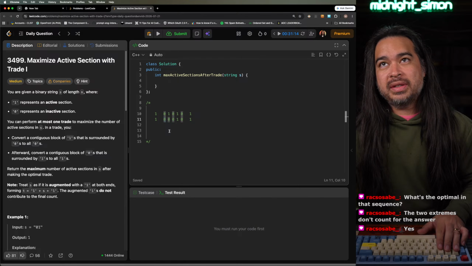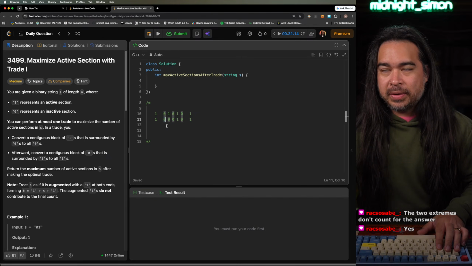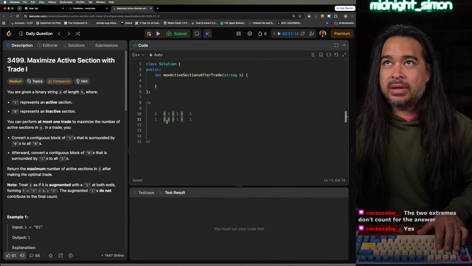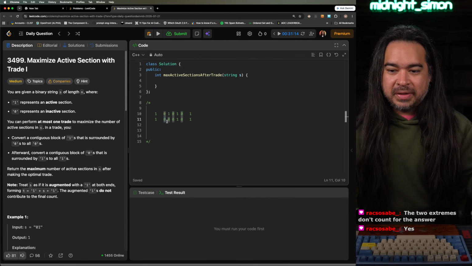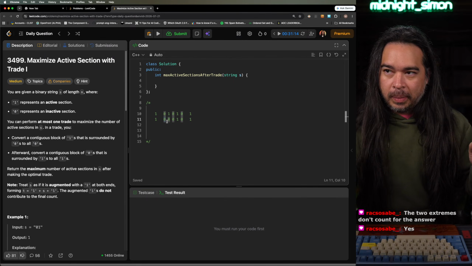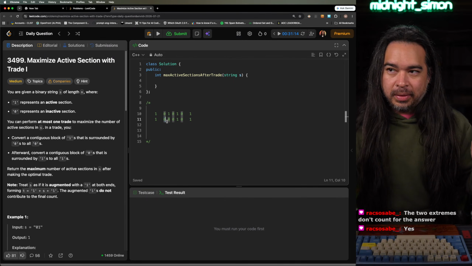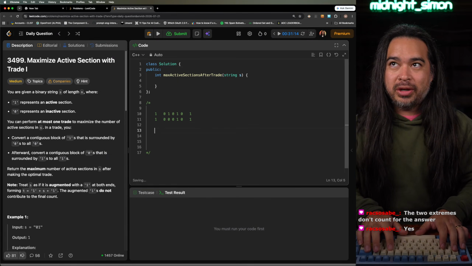So are you saying I'm counting for each group of zeros, I count the group of ones to the left and the right, and it's either that answer or the longest group of zeros minus the shortest group of ones.